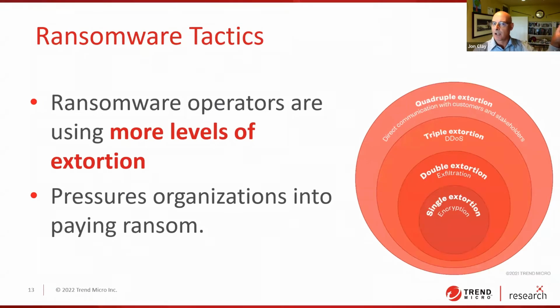So you want to tell your customer or the original victim to pay the extortion fee so that your information doesn't get out there. It definitely helps pressure organizations to pay one of the extortions or multiple extortions as they go through.